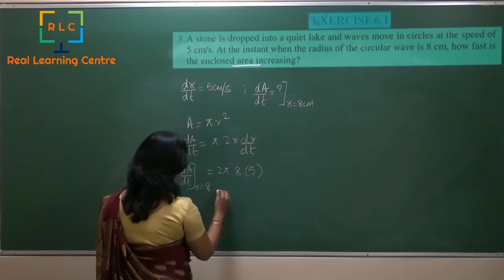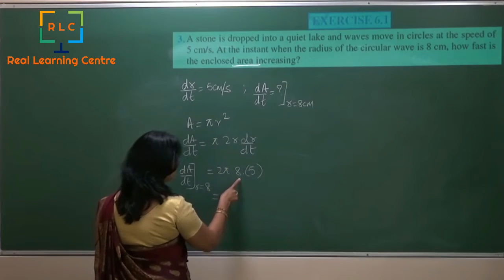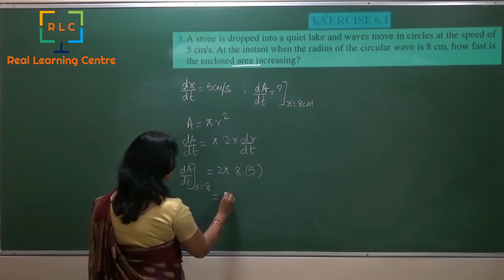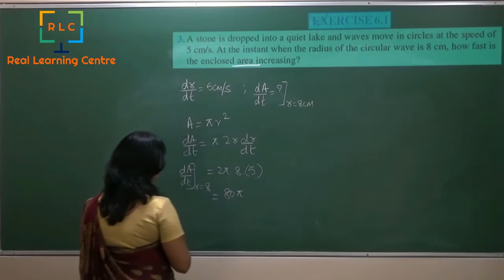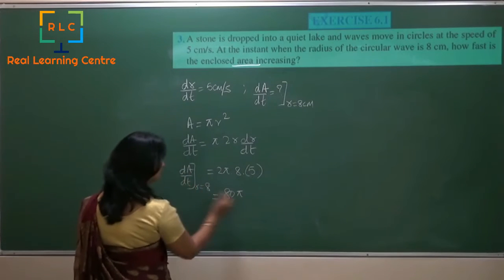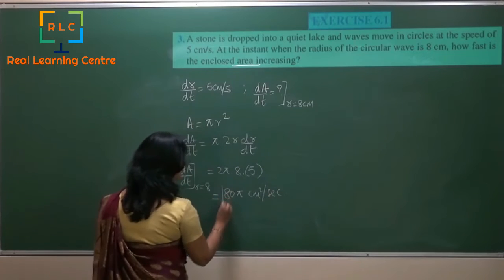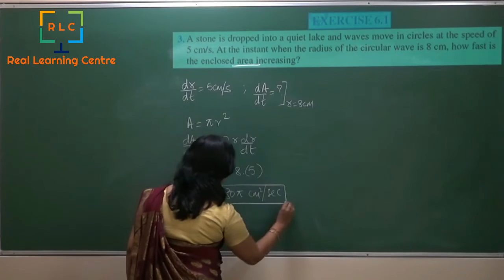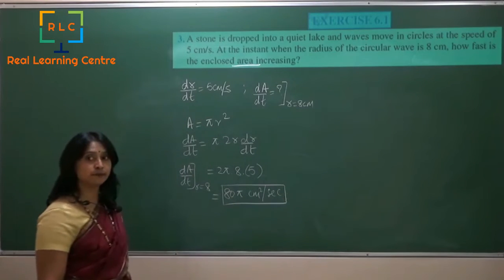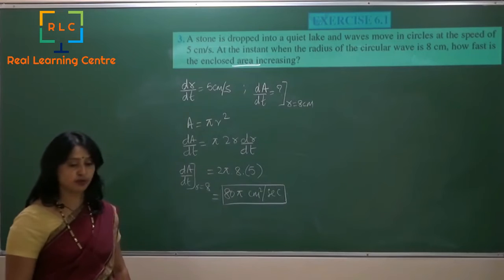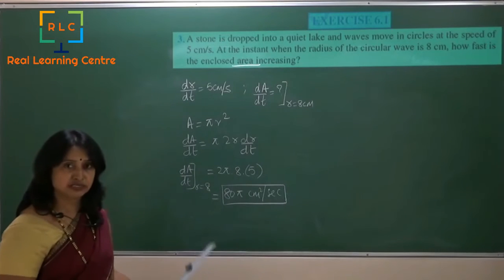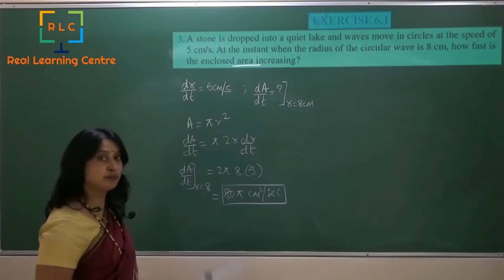So what did you get altogether? 2 8s are 16, 5 8s are 40, 40 into 2 is 80 pi. 80 pi what? This is area, so it is centimeter square per second. Both are one and the same. So it's quite a small problem. We are looking into some 3 marks questions.